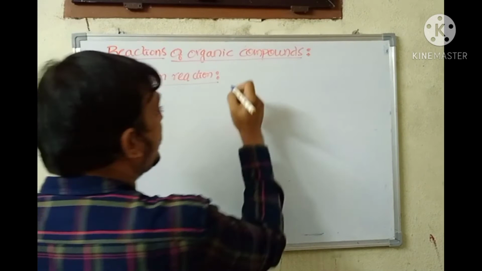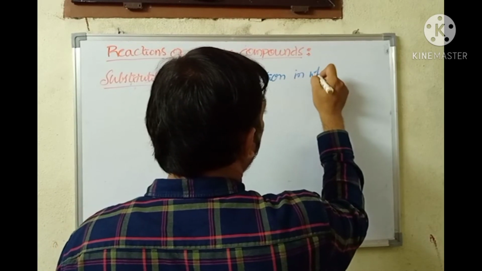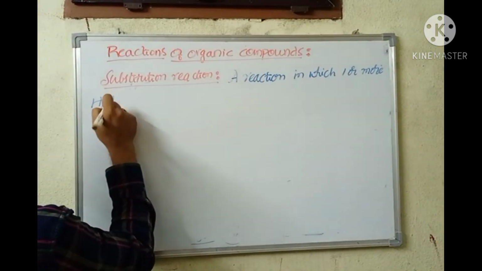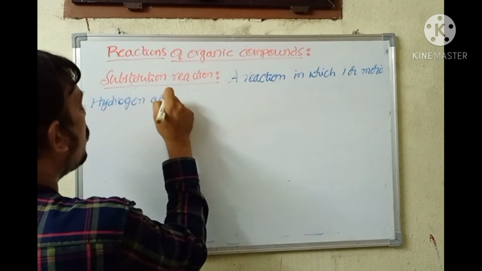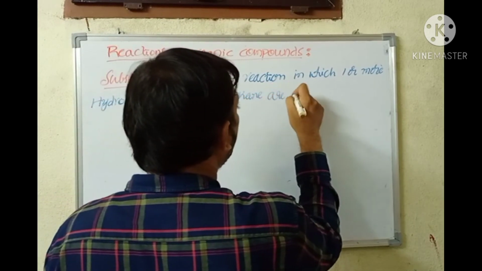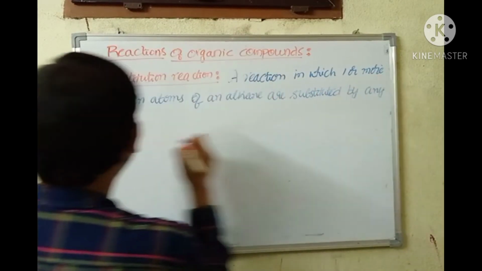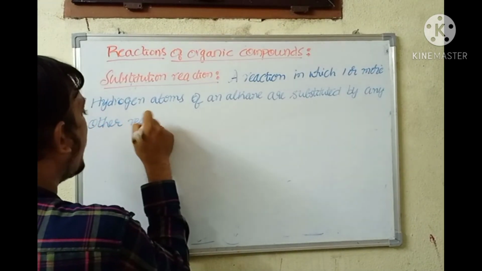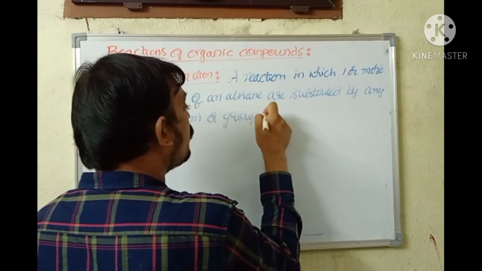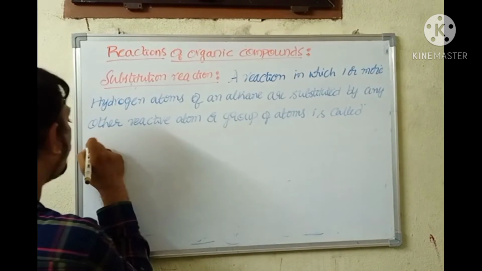So a substitution reaction can be defined as a reaction in which one or more hydrogen atoms of an alkane are substituted by any other reactive atom or group of atoms is called a substitution reaction.